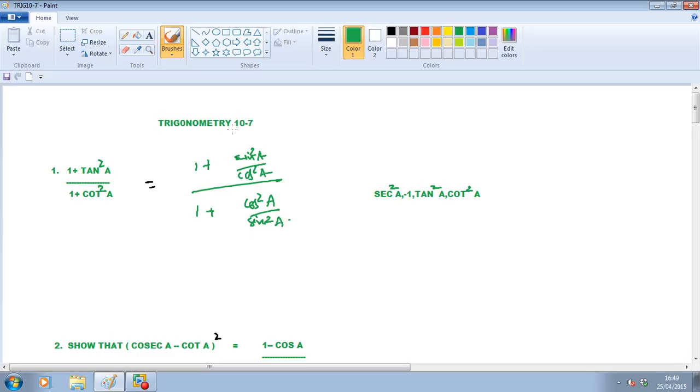For the next step, now this cos square, take it as a common factor here, and sin square there.